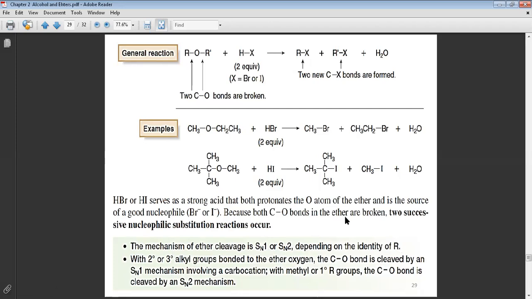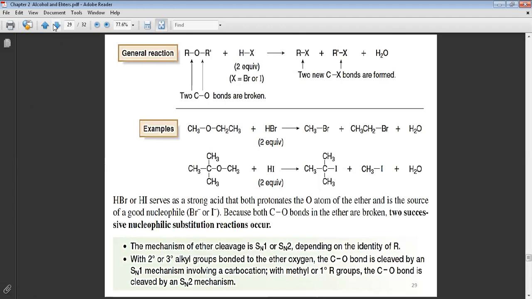If the R group is primary, it depends on SN2. If the R group is secondary or tertiary, it is SN1. He also said that with secondary or tertiary alkyl groups bonded to the ether oxygen, the carbon-oxygen bond is cleaved by an SN1 mechanism, involving a carbocation. Always SN1 with carbocation. And the methyl or primary alkyl group will react by the SN2 mechanism.